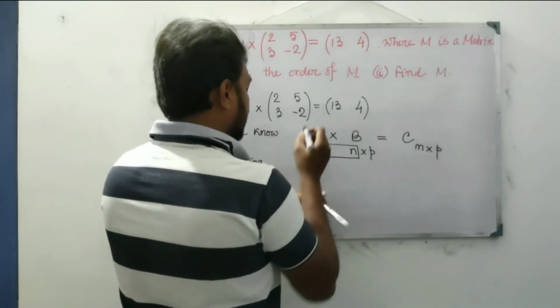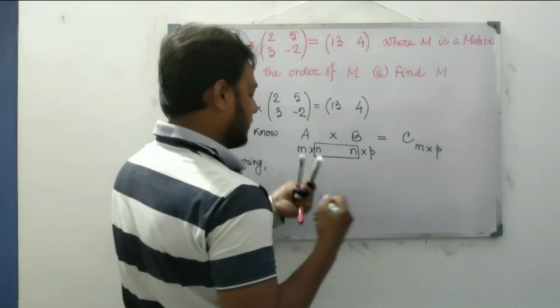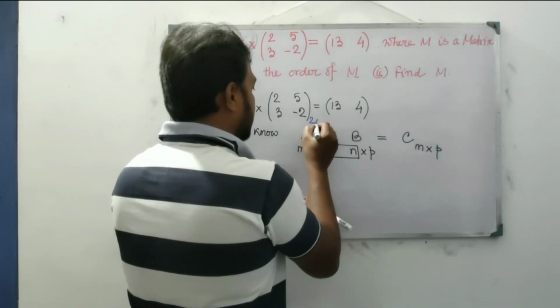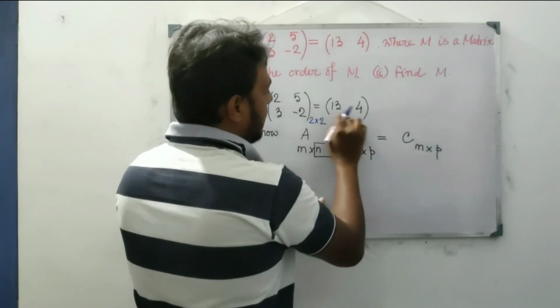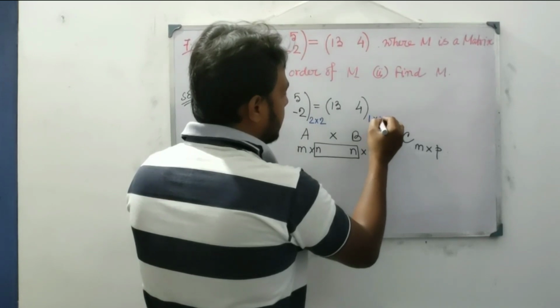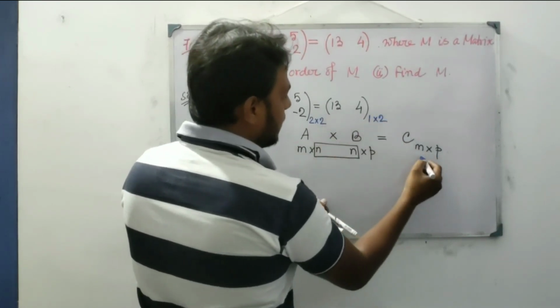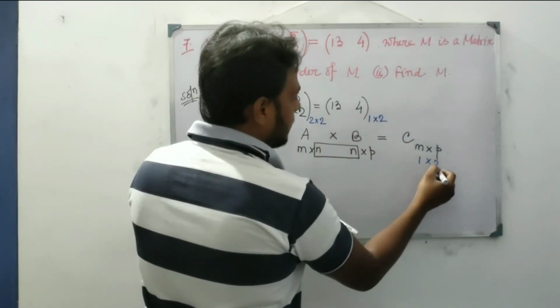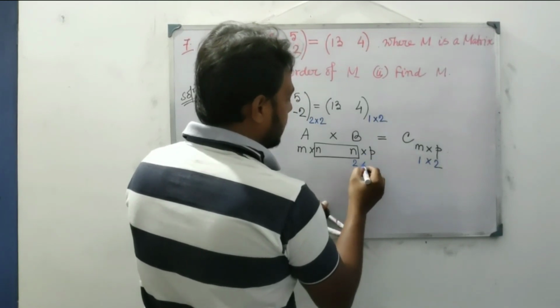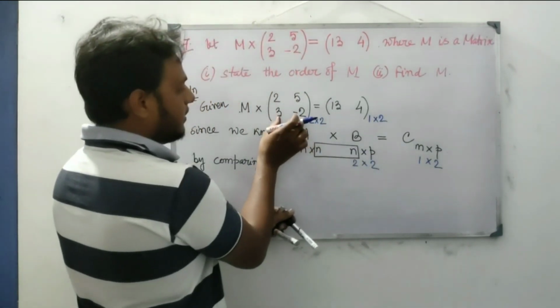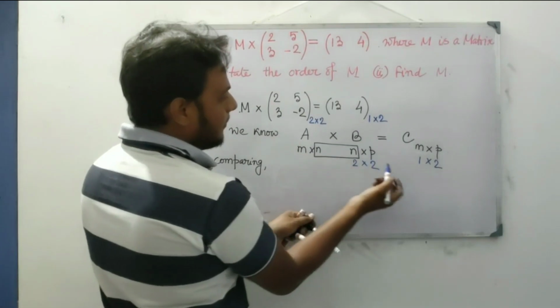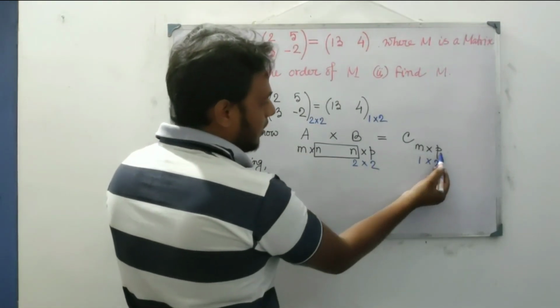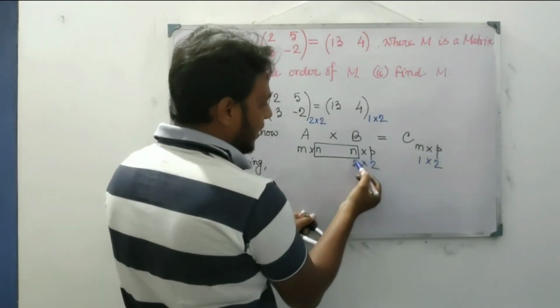If we write the order, then the order of this is 2 cross 2, this is 2 cross 2, and the order of this is: number of rows is 1, columns is 2. That means the resulting matrix is of order 1 cross 2, and this is 2 cross 2. That means second matrix. So what about the first matrix? Here easily we get M equals 1, P equals 2. So P equals 2, N equals 2.